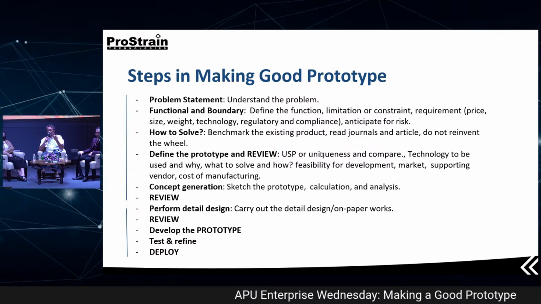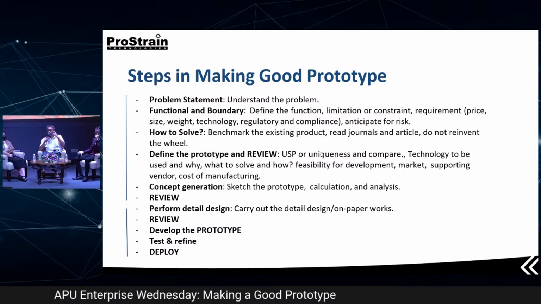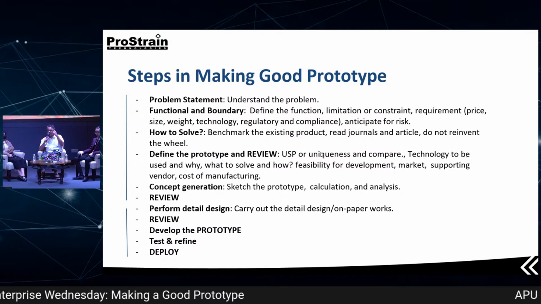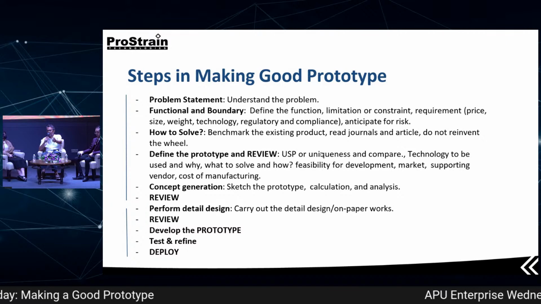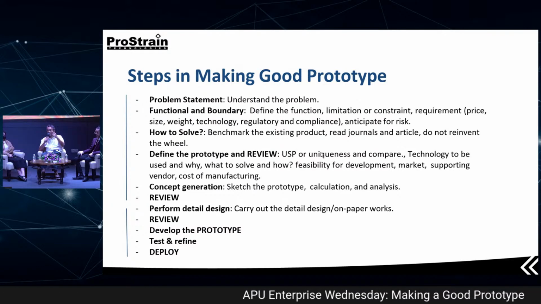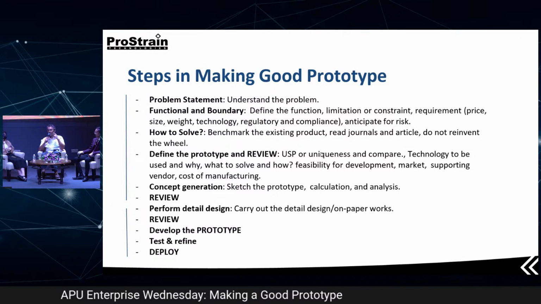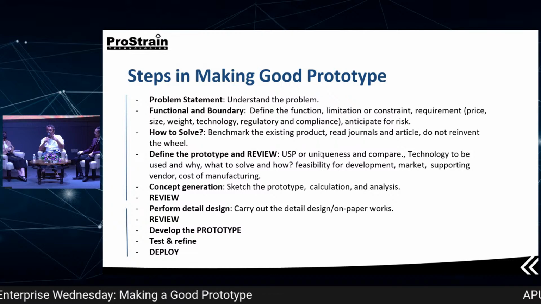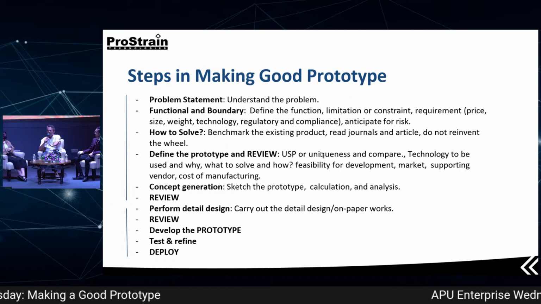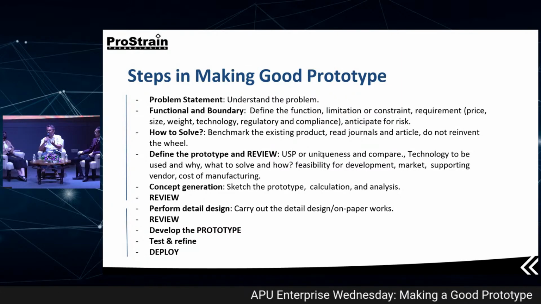One of the other important things is you have to anticipate the risk. You have to think, if I put this robot in, what is the risk? You have to address the risk during the development of the prototype, otherwise you put the prototype in the real environment and an incident happens because you didn't anticipate the risk.